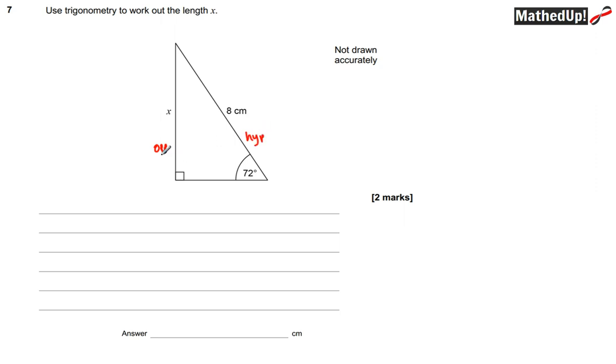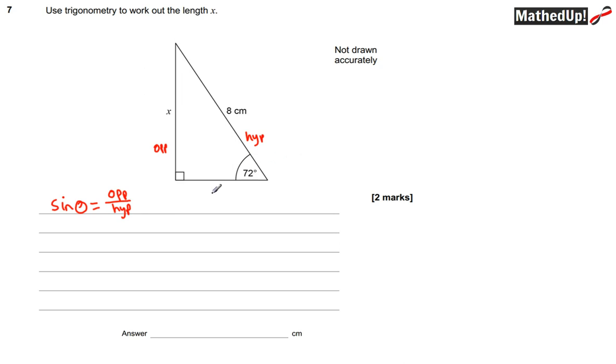So the ratio that connects the opposite and the hypotenuse is going to be my sine ratio, and I know that the sine of my angle theta is going to be equal to the opposite side divided by the hypotenuse side. Yeah, so we can start by writing that down.